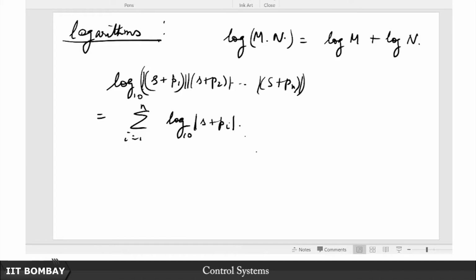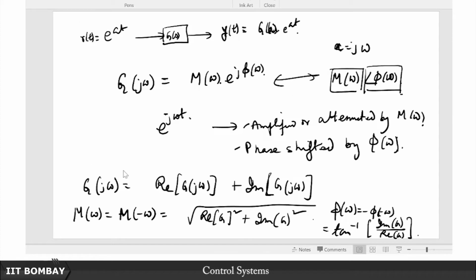So what idea, I wonder, does this give us? How does this help us with our procedure? Okay, let's take a look at this. How have we represented this transfer function? Focus on this.